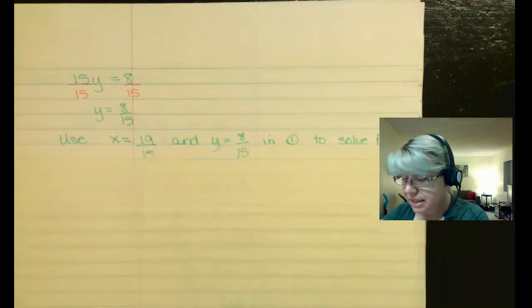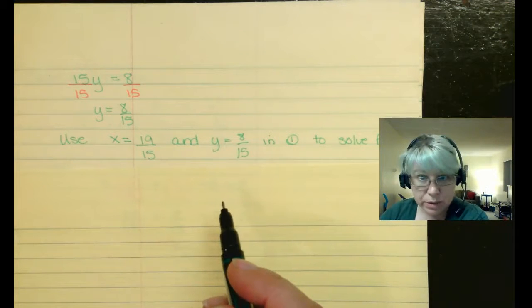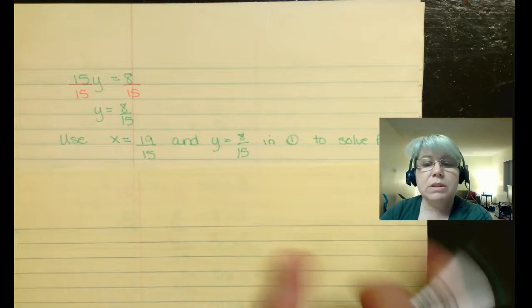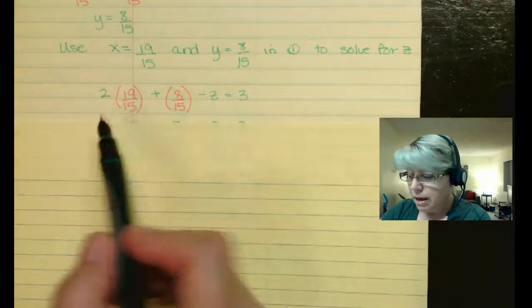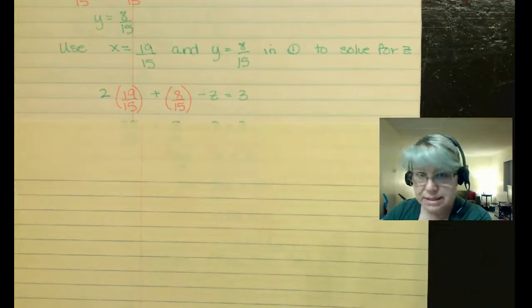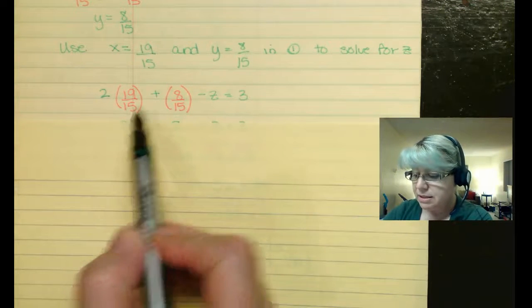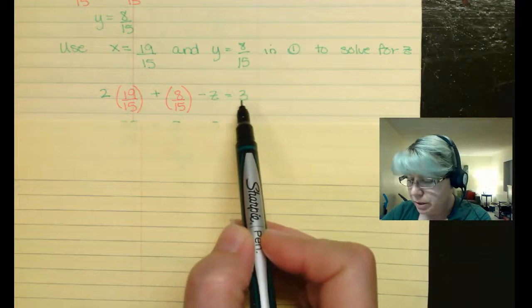Now that we know x is 19/15 and y is 8/15, let's plug those back into any of the 3 original equations. I'm going to go ahead and choose 1, and this will allow us to solve for z, the third and final variable. All right, it was 2x plus y minus z equals 3, so 2 times 19/15 plus 8/15 minus z equals 3.